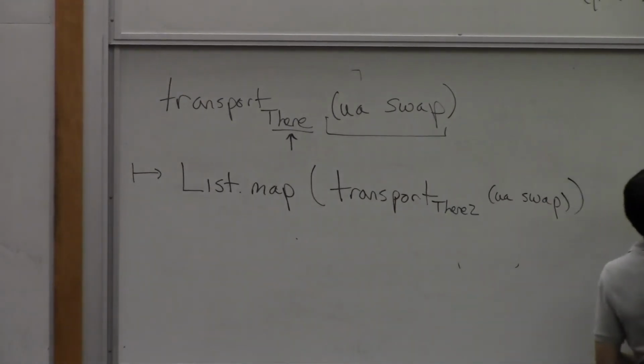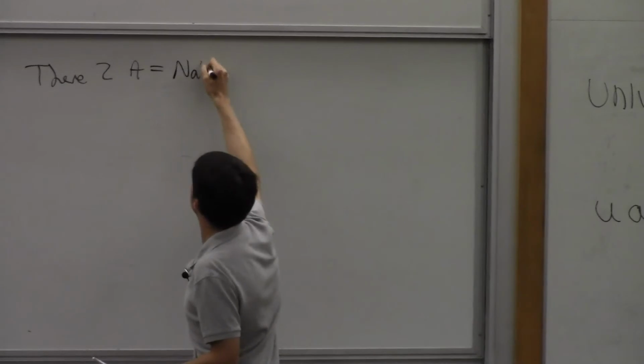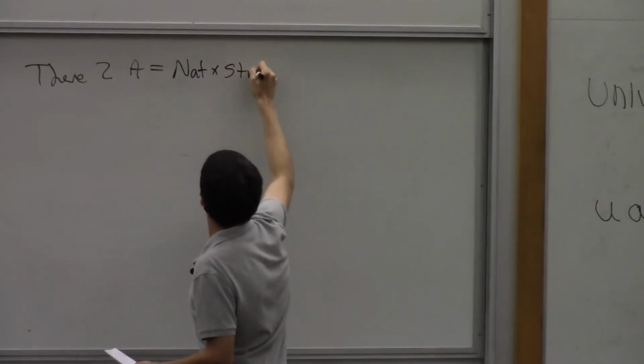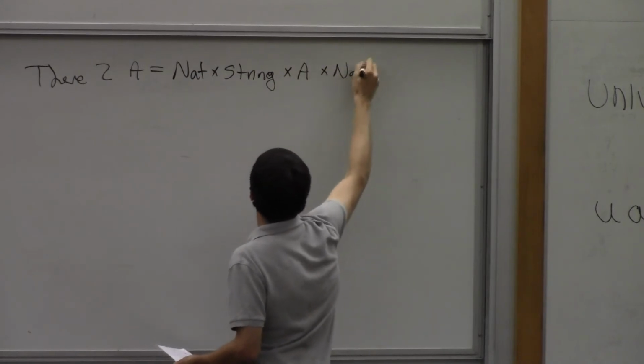Okay. And what is var2? Well, var2 of A is just I take there and I peel off list. So it's whatever's left inside of list, which is in this case nat cross string cross A cross nat.